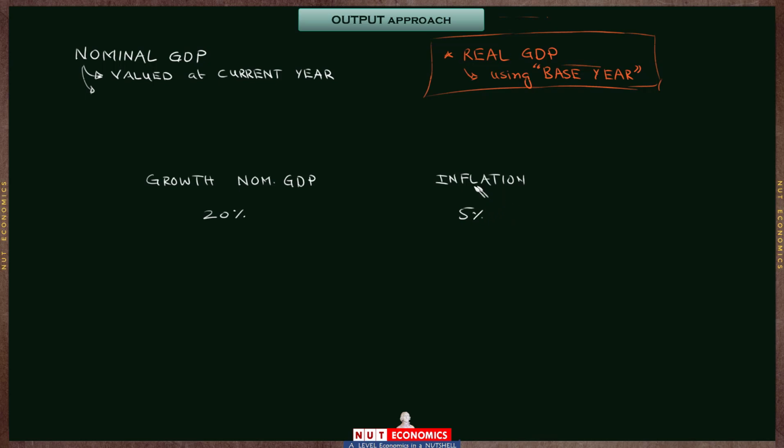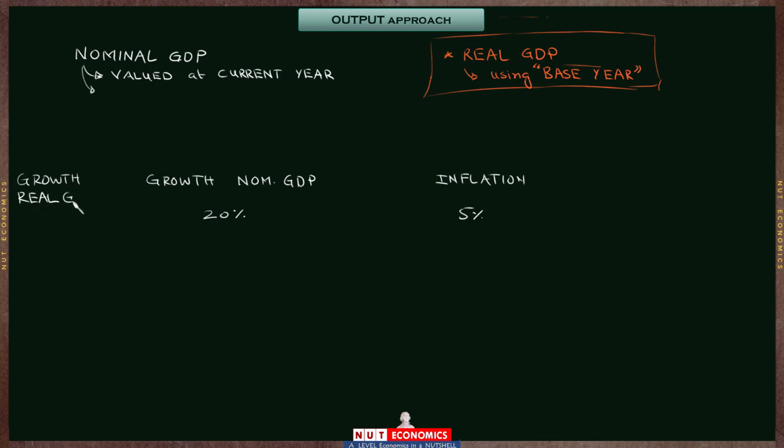Now, for those who don't know, inflation simply means the average percentage increase of prices in the economy. So inflation of 5% means that on average the price of every other thing is increasing by 5%. Now, if you know both these two things, you can calculate the growth of real GDP.